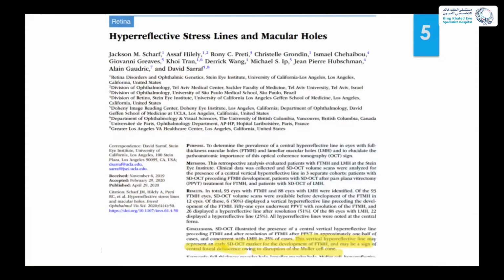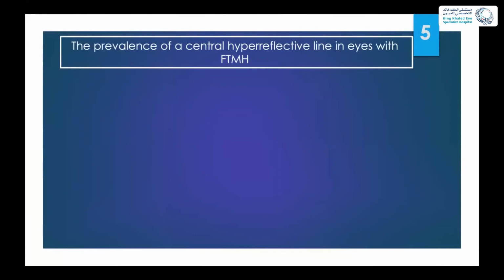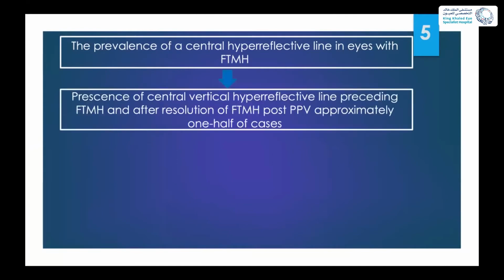This is one article that discussed this hyperreflective stress line in macular hole. In this article, they discussed the prevalence of the central hyperreflective line in eyes with full thickness macular hole. And they noticed that the presence of a central vertical hyperreflective line preceding full thickness macular hole and after resolution of full thickness macular hole post PPV is in approximately 1/2 of the patients.